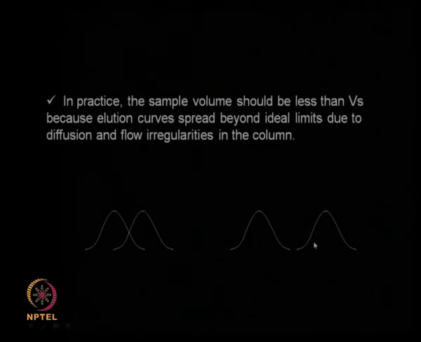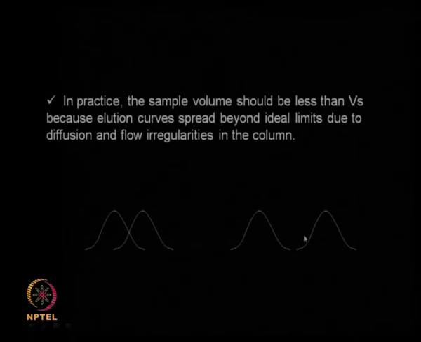So we need to consider the elution volume for component 1 and for component 2, and if they are vastly different then we can achieve good separation, but then you need to consider the other heterogeneities of our column packing, flow irregularities, diffusion and so on. All these factors make your system non-ideal, and you may end up with an overlap of these 2 components, whereas you would like to achieve it like this.